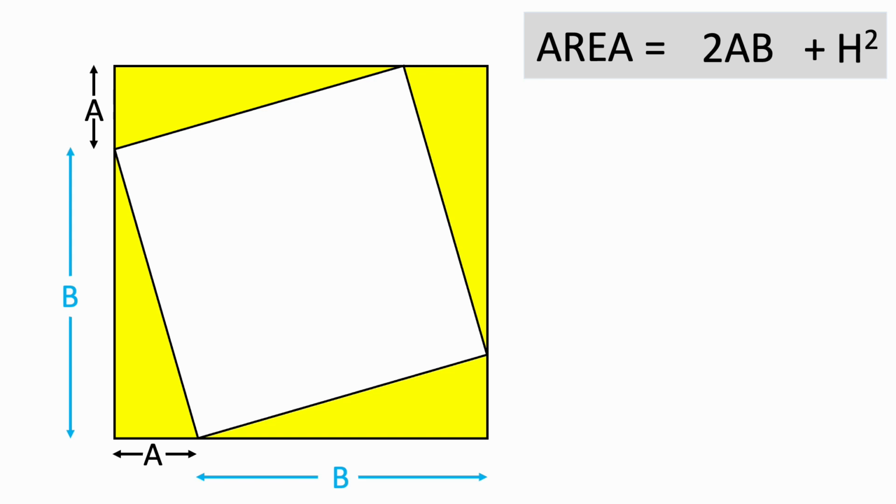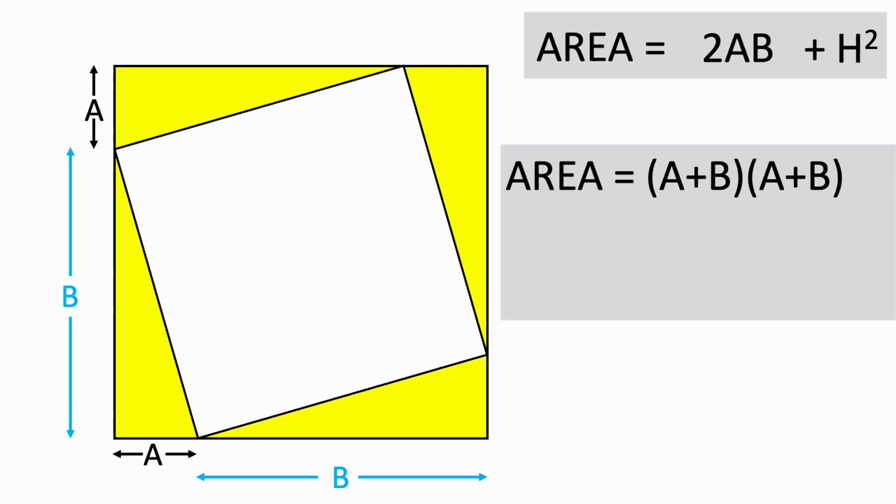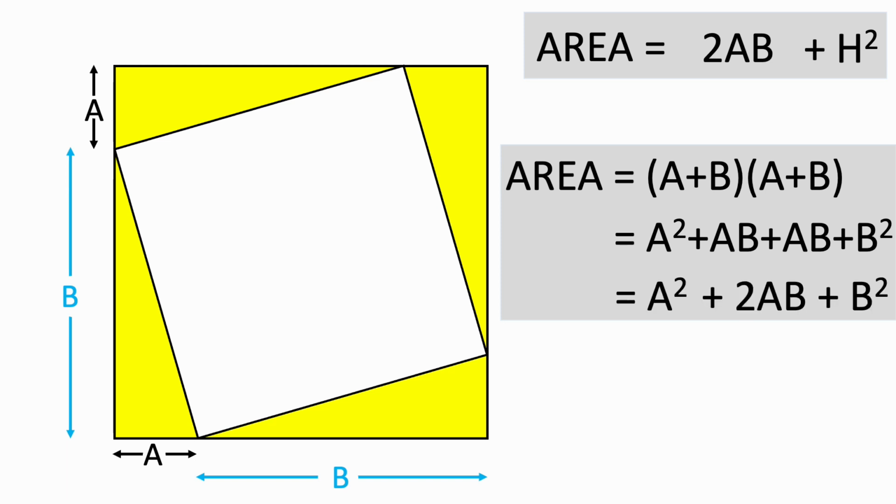The length of the whole figure is A plus B, and the height of the whole figure is A plus B. So we can calculate the area of the whole figure just from A plus B times A plus B. So multiplying those 2 brackets out, that's A squared plus AB plus another AB plus B squared, or A squared plus 2AB plus B squared.